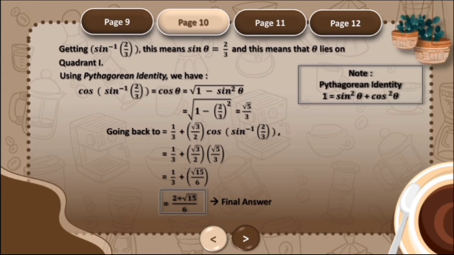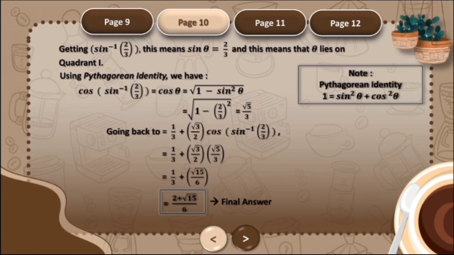Now going back to 1 over 3 plus the square root of 3 over 2 cosine times the quantity of sine inverse of 2 over 3. Now that we got the value of cosine times the quantity of sine inverse of 2 over 3, which is the square root of 5 over 3, we will now just multiply the square root of 3 over 2 and the square root of 5 over 3.